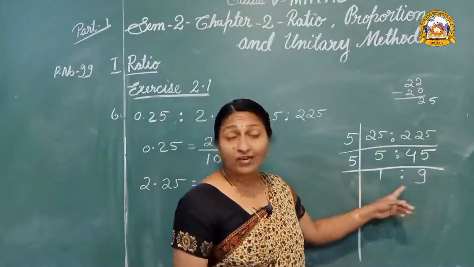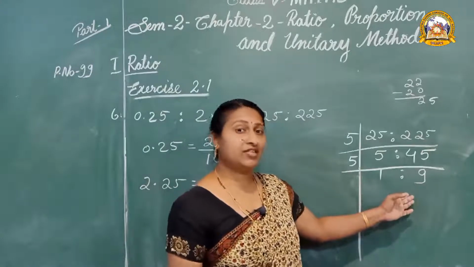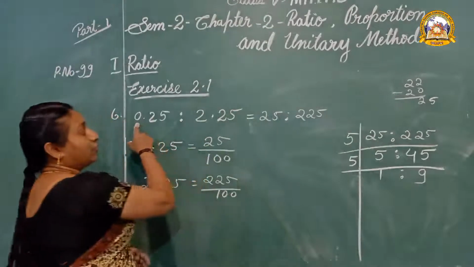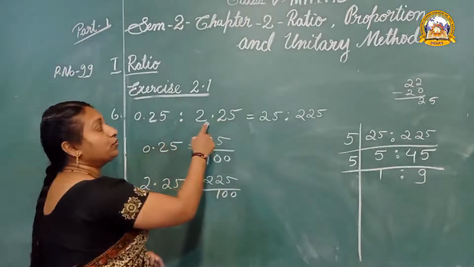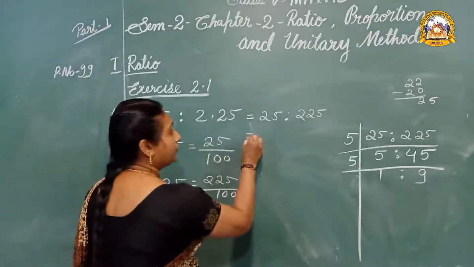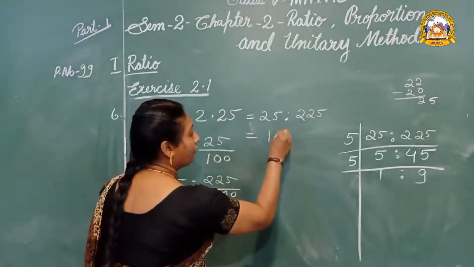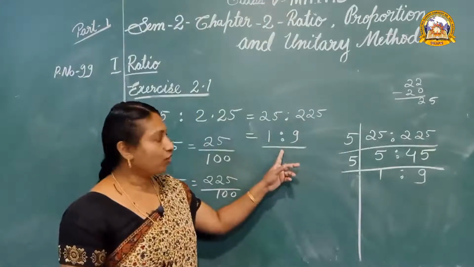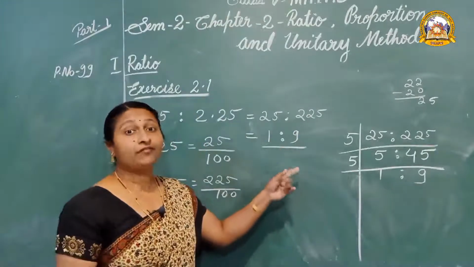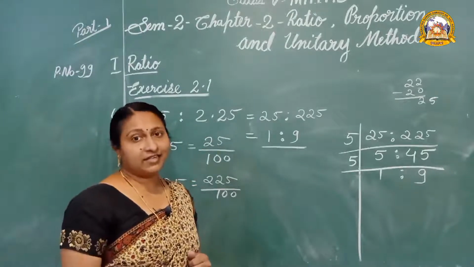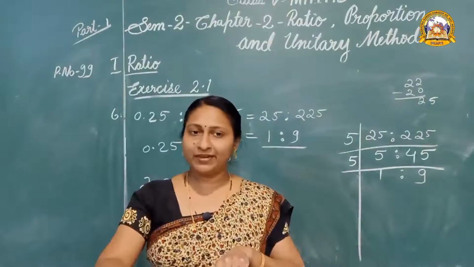No. So, it is the lowest term of 0.25 is to 2.25. The lowest term is 1 is to 9 or simplest form. Okay. Can you get it? When you do in your copy, you can understand it very easily. Okay. Let us meet in the next class.